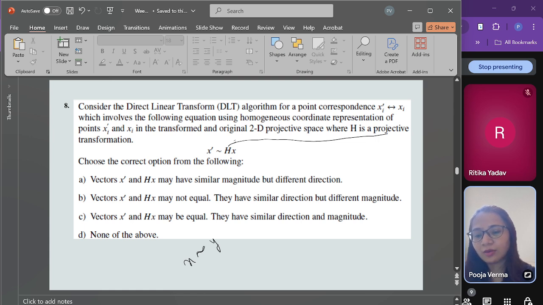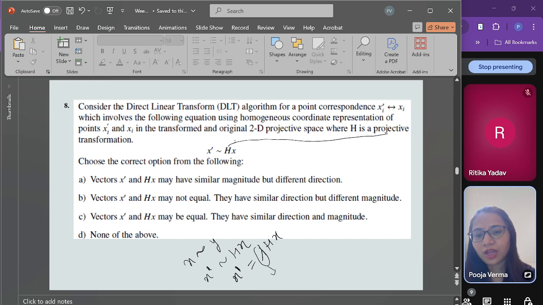So the notation x prime equivalent to H of x means they are proportional. They differ only by a non-zero scale factor lambda. Since x prime and Hx are scalar multiples of each other, they must have the same direction, and their magnitude, however, can be different due to the scalar factor lambda.